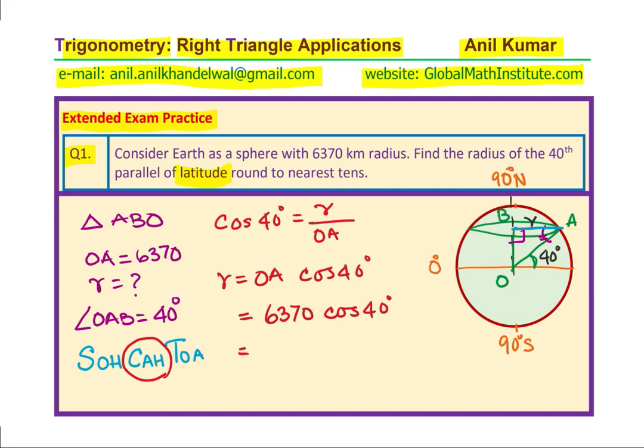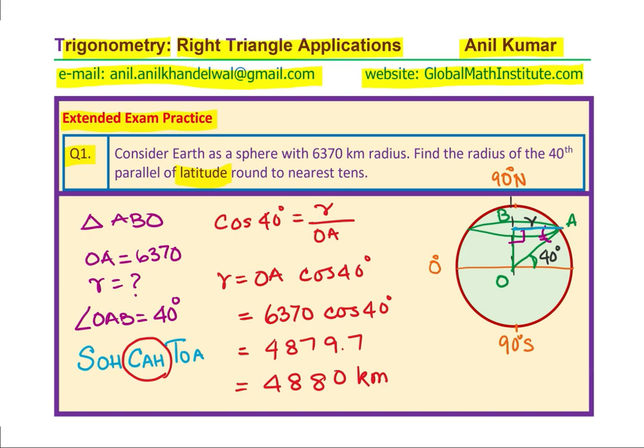Let me use the calculator to find this answer. We do cos of 40 degrees and multiply this by 6370, and that gives us 4879.7, which rounded to the nearest tens is 4880. Tens means we have a 0 there. So 4880 kilometers becomes the radius of this latitude.